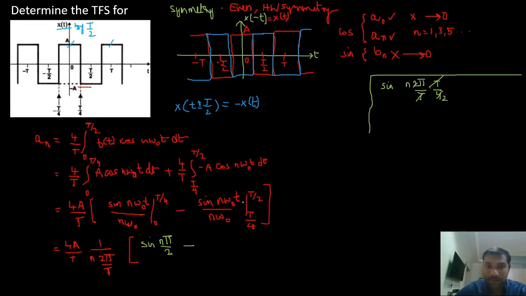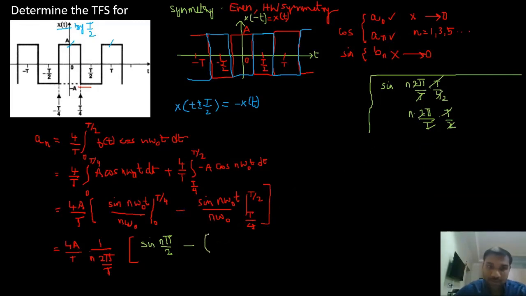And minus, if you substitute T by 2 in place of t, it is n into 2 pi by T into T by 2. T cancels, 2 cancels, so we are left with n pi. Sine n pi is always 0.